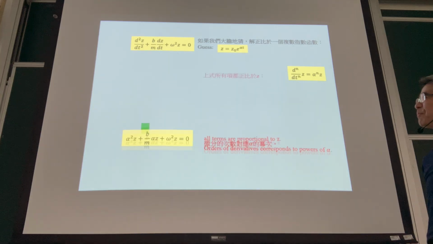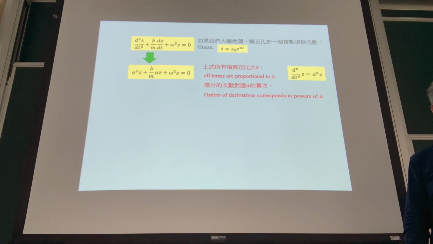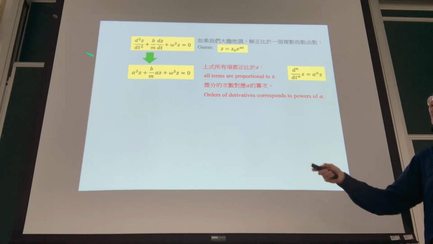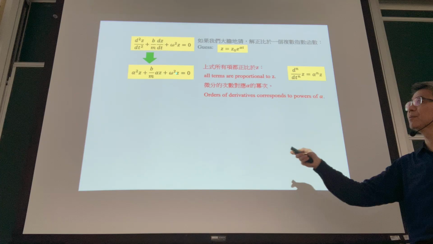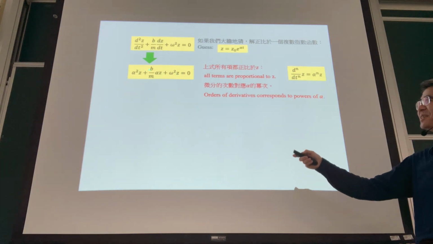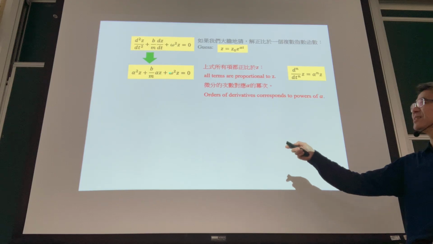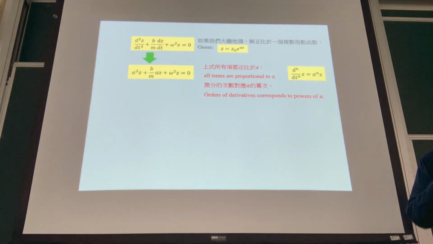Plug it in, every term is proportional to z. Second derivative, alpha squared. First derivative, alpha. No derivative, then the z again. So we get alpha squared z plus b over m alpha z plus omega squared z. Z could be cancelled out because it's the same thing.